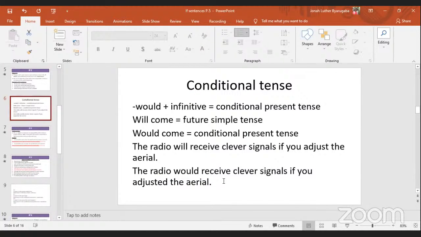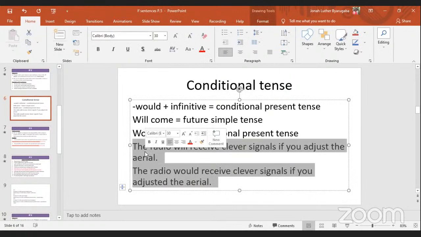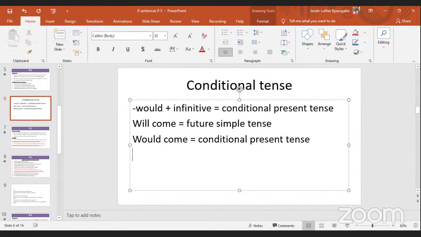Now how about the main clause? The main clause is expressed in a tense called the conditional present perfect tense. Under if three it is conditional present perfect.